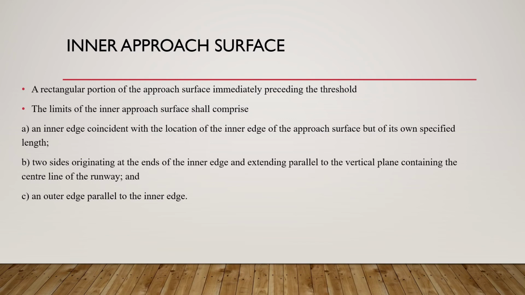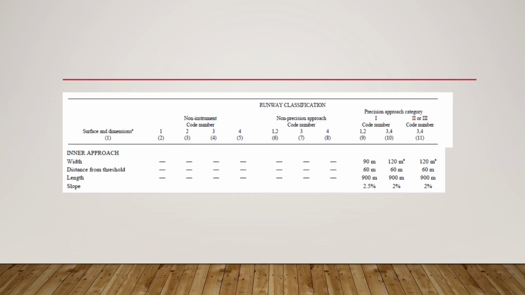So the inner approach surface is basically carved out of the approach surface with a specified width and length and is rectangular in shape, with a slope of 2%. This area should be available free of obstacles when the aircraft is doing the final approach phase in the last segment of 1 kilometer away from the runway.